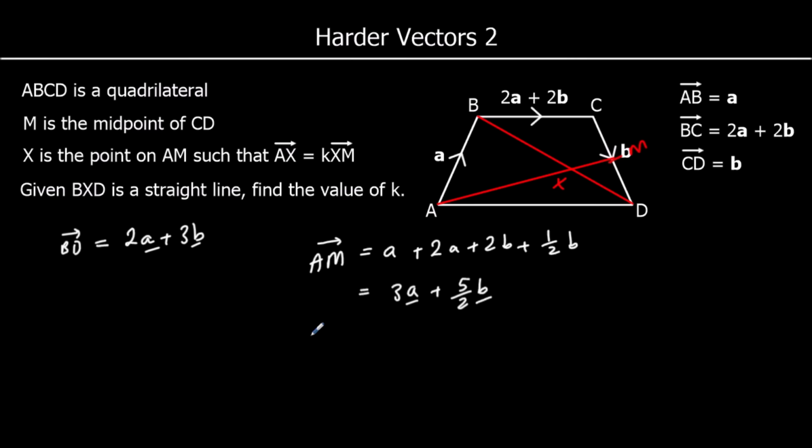So we can say that A to X is a fraction of A to M. We don't want to use k because k is how many times X to M is multiplied to get A to X. So let's not use k, let's use x. So that's A to X. We wanted B to X. So B to X is minus a plus our last answer.